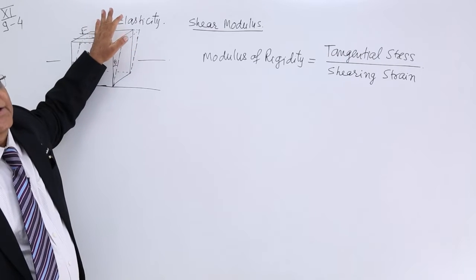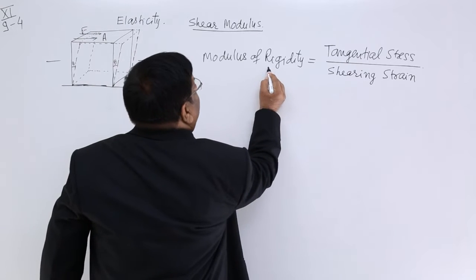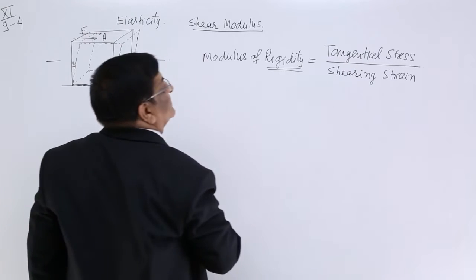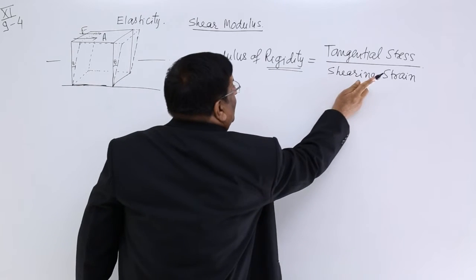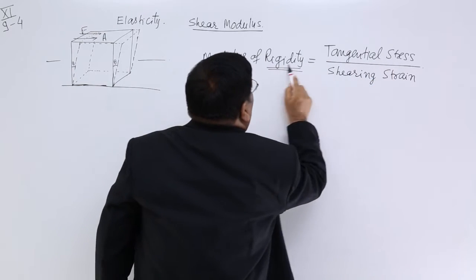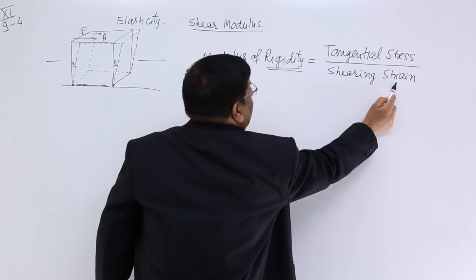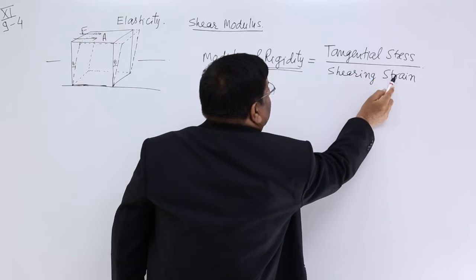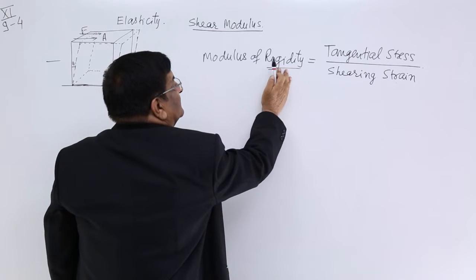That can be measured, how much is the stress, and we want to find out how much is the rigidity. The modulus of rigidity is given by this ratio. The more the stress developed, the more the rigidity. Shearing stress upon shearing strain is the modulus of rigidity.